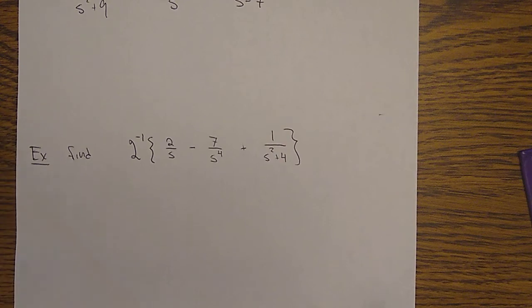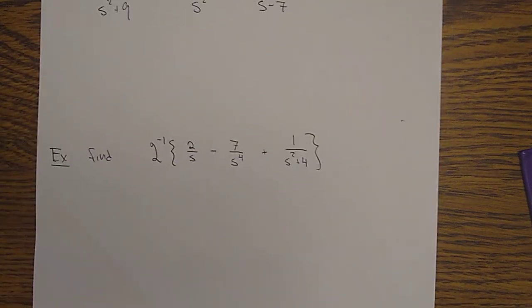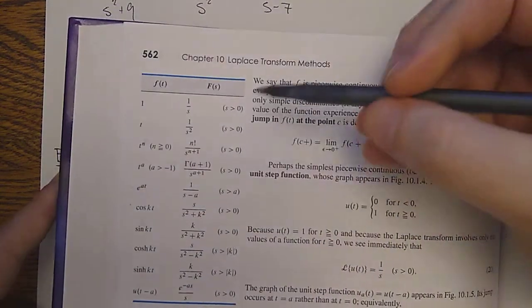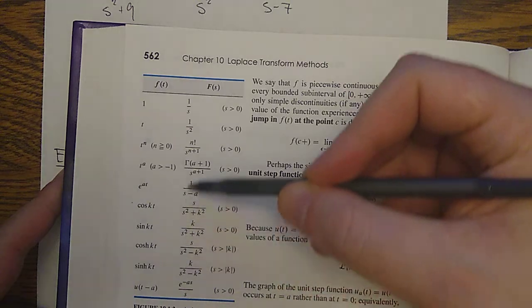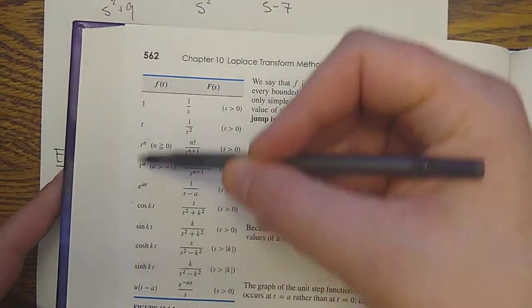Let's do our first inverse Laplace transform. This is not too hard. It's basically just using the same table, except I'm looking to recognize something in this column, and then the answer that I'm going to write is whatever corresponds in this column.